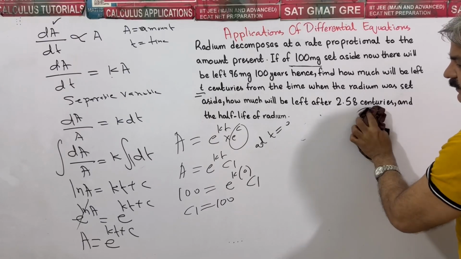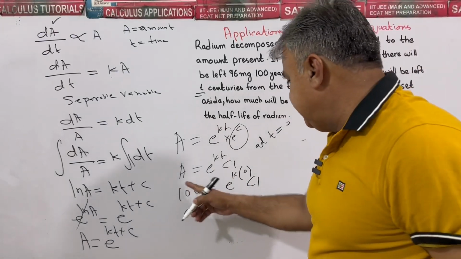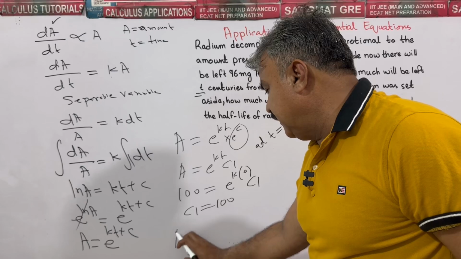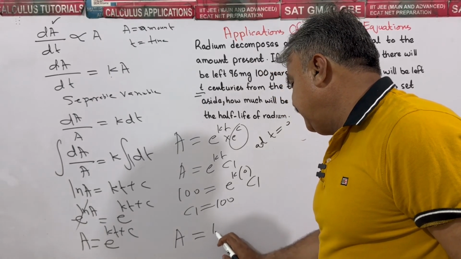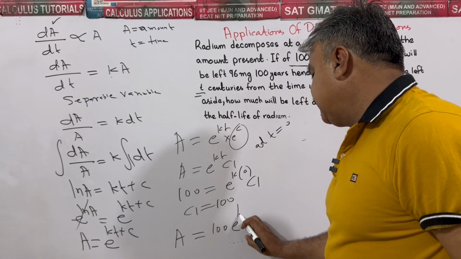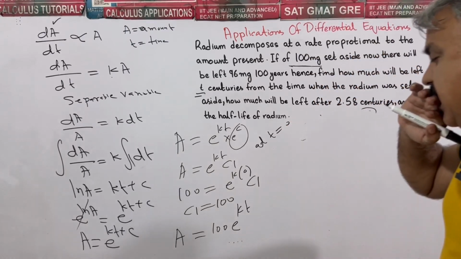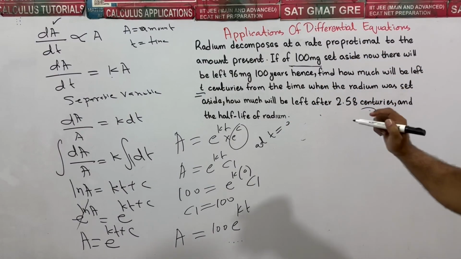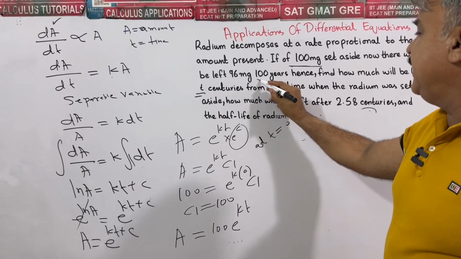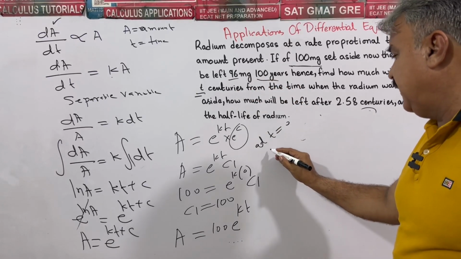Okay. So A is equal to 100 times e raised to kt. After a century, after 100 years, only 96 milligrams are left.